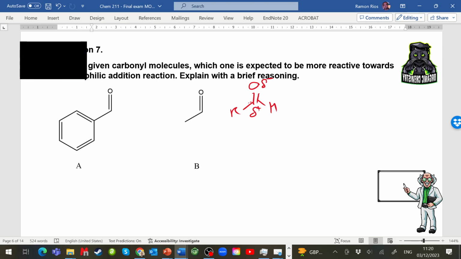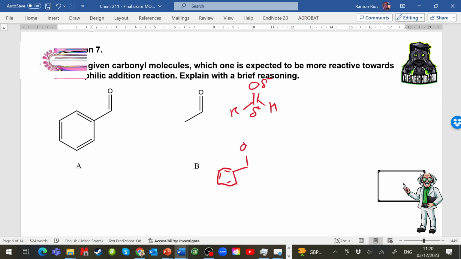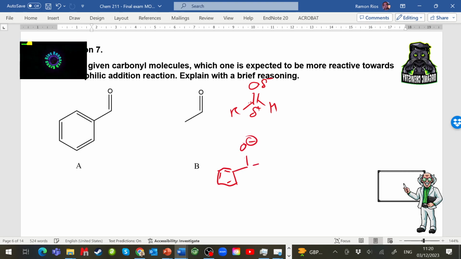Okay, but what we can do is that when we are using A, this is the resonance form that explains why the carbon has a partial positive charge, because we can do this resonance form, but this resonance form can have other resonance forms.